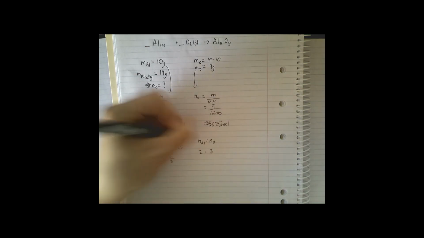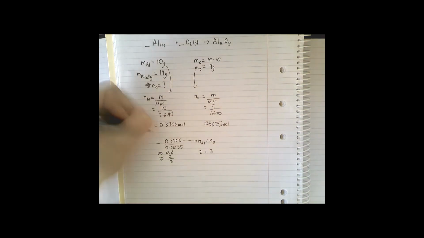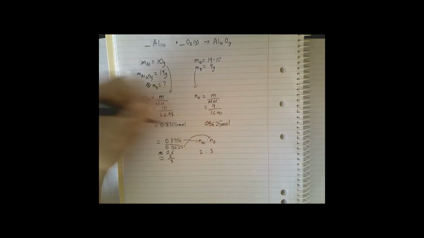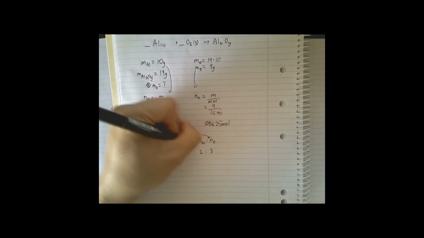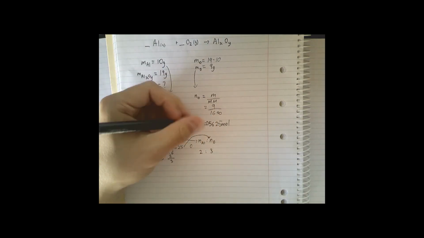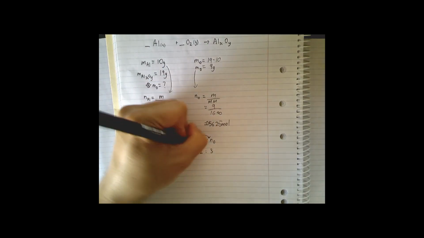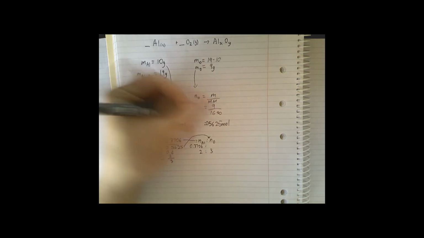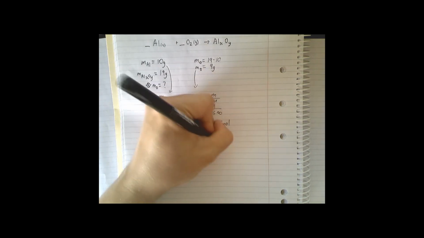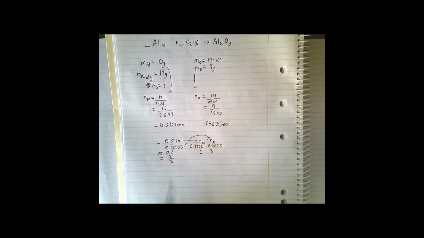Middle step, if that didn't make a whole bunch of sense, is what I've done is I've taken the number of moles of each of the particles that reacted of each type and put them into a ratio, which is what I did when I divided them, really, 0.3706 to 0.5625. And by doing the math that I did over here, I've simplified this ratio to one that exists in the lowest whole number possible.